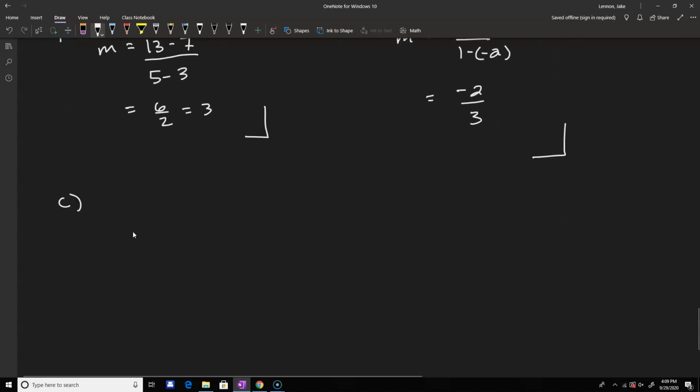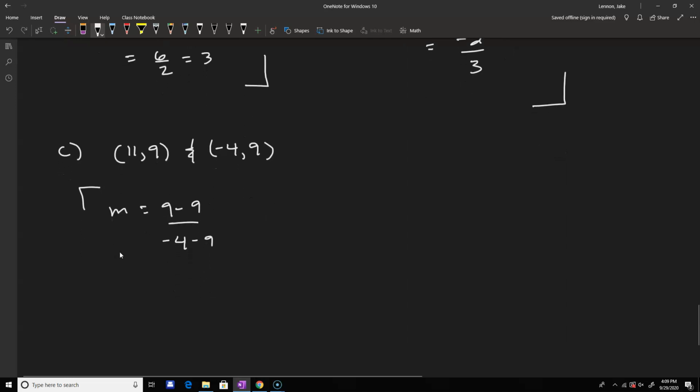For C, we have (11, 9) and (-4, 9). So here we would have our slope is 9 minus 9 divided by -4 minus 9. So that just leaves me with 0.